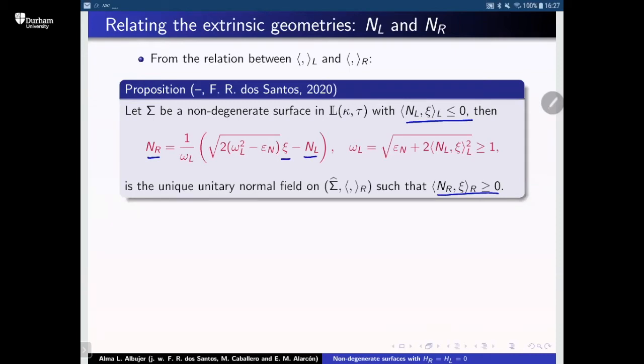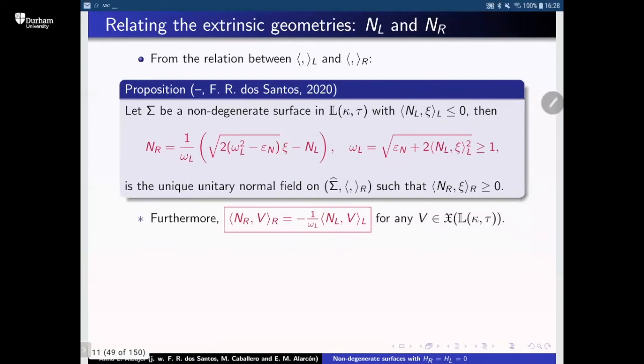So we can only have this equality locally at first, but we can extend this equality to any connected component of sigma hat, of this dense subset where this equality could be achieved.